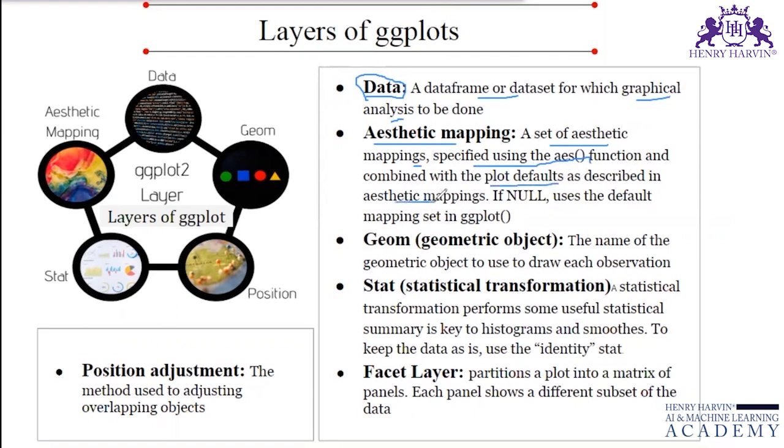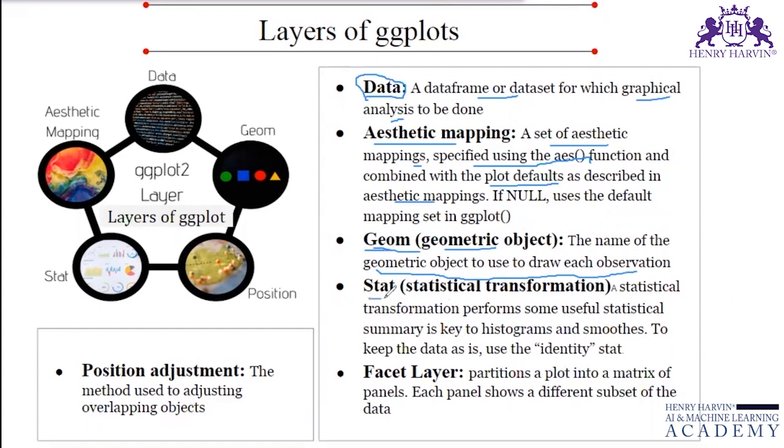Aesthetics are the features that we are adding to our graphs, such as shapes, color, and size of the data points that we will be plotting. Next is the geom layer, or the geometric layer of ggplot. It helps to identify what kind of graph we are creating, whether it will be a scatter plot, bar plot, heat map, or line graph. It can be any kind of graph that you want. So it comes under the geom layer.